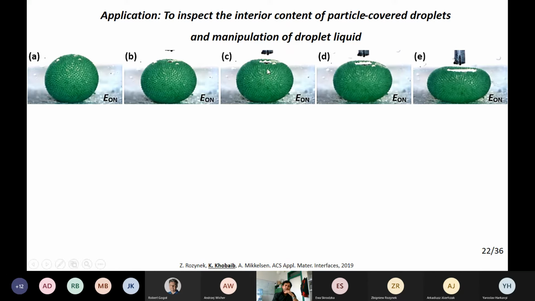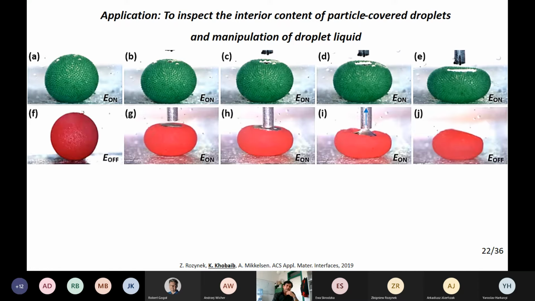We create the opening area, and if we have a camera inside this circular electrode, we can see what is inside the particle-covered droplet, which type of material it is. And if we want to see some reaction and so on, we can see it through the camera. So far this has not been implemented, but we expect that in the future people can use it.